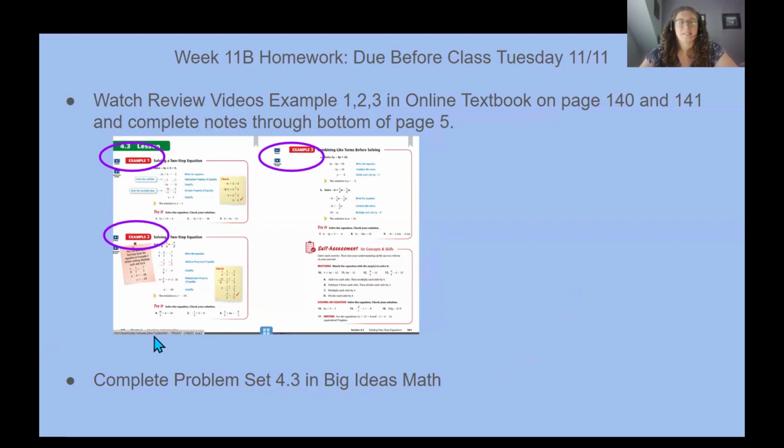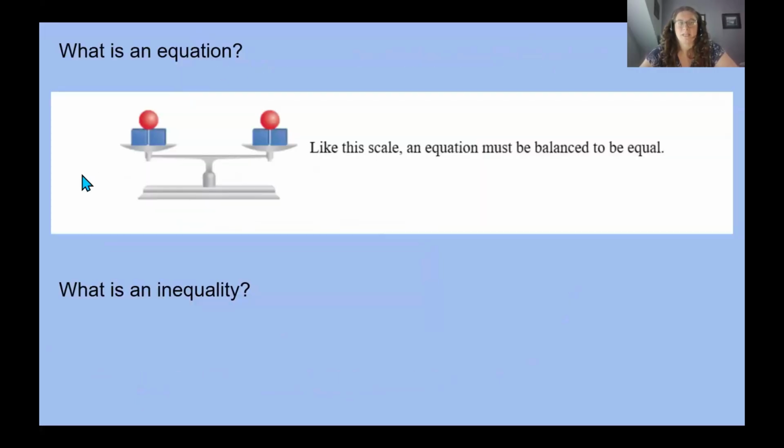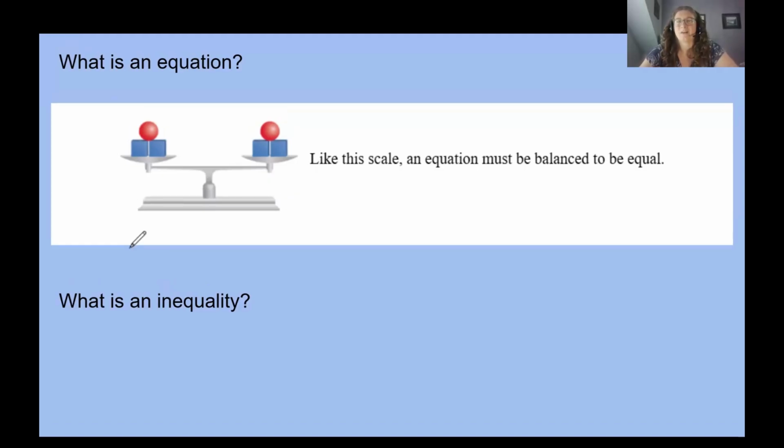All right. So today we're going to be moving on from equations to talk about inequalities. So you know what an equation is, right? We've been solving equations. And an equation is when two expressions are set equal to each other. So an equation compares two expressions and says that they're equal to each other.